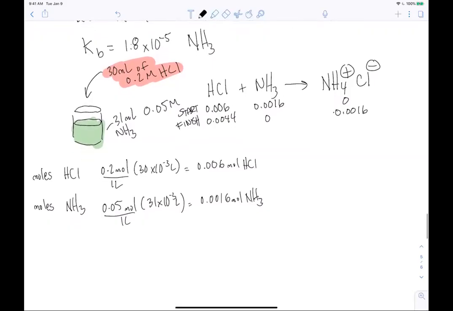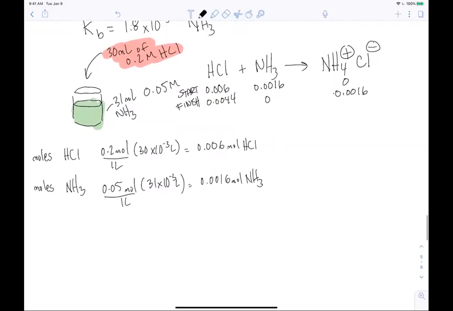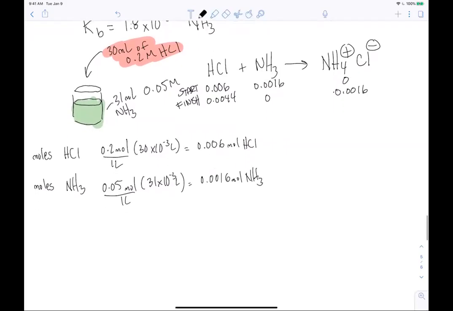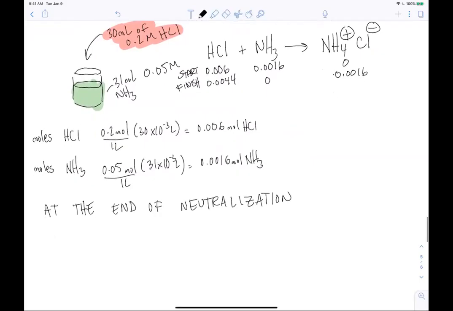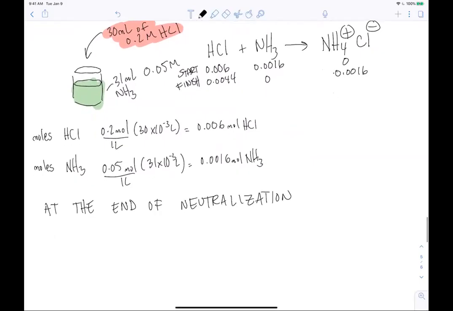Well, we have to consider all the different things that kind of contribute to the pH. So what's present in the solution before equilibrium? So let's say at the end of the neutralization reaction, we can kind of think about, what do we have in solution? So we have H plus, we have 0.004 moles of that. We don't have any ammonia.